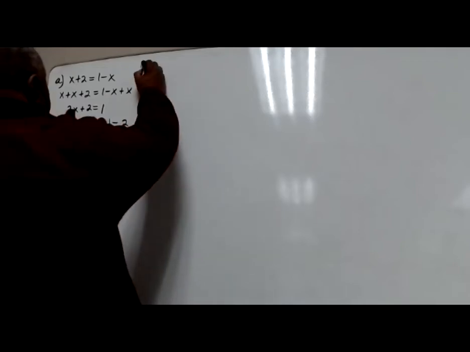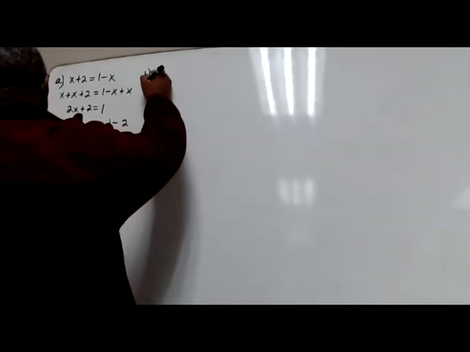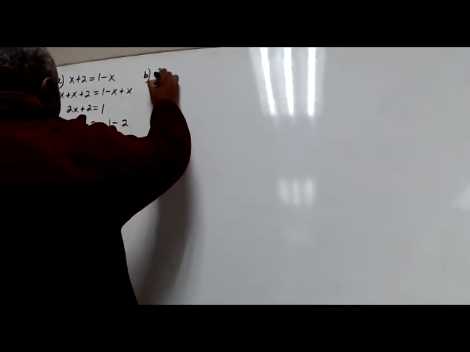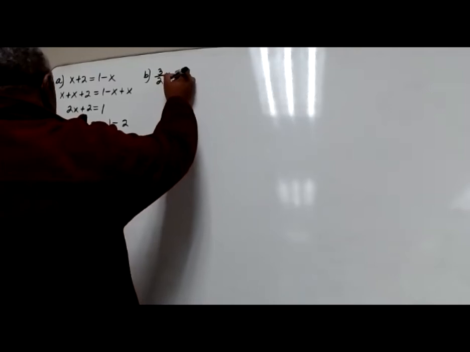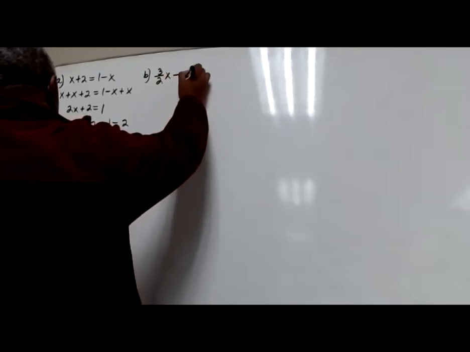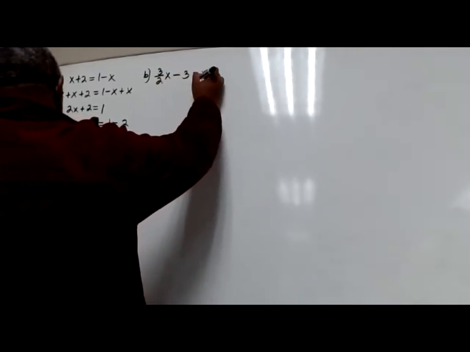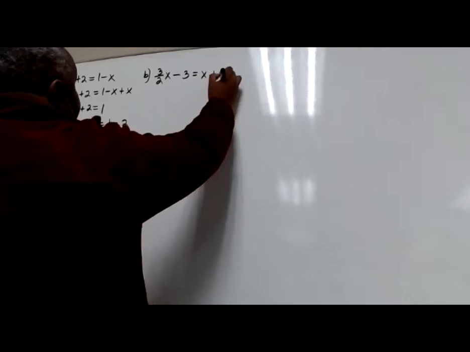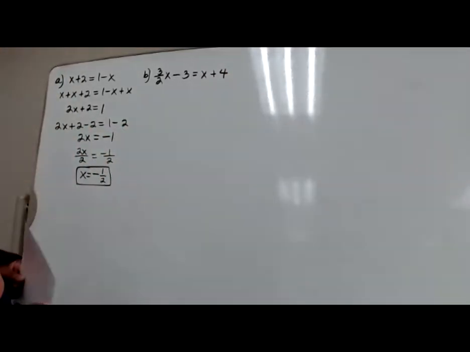All right, part B. Let's say we got 3/2 x, so now we got a fraction in front of this variable, minus 3 equals x plus 4. Three halves x minus 3 is equal to x plus 4.